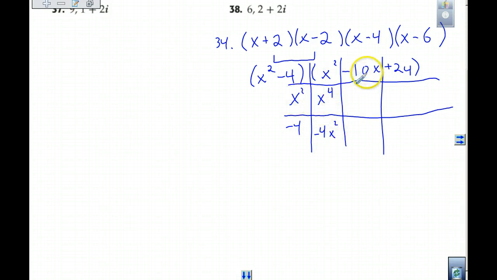X squared times negative 10x is negative 10x to the 3rd. X squared times 24 is 24x squared. And negative 4 times negative 10x is positive 40x. And negative 4 times 24 should be negative 96.